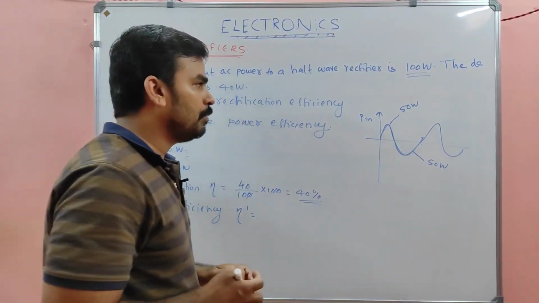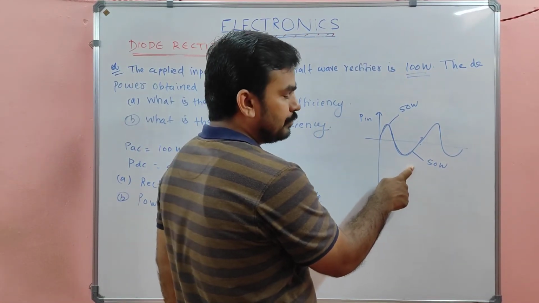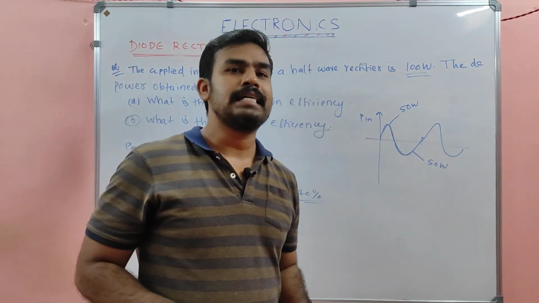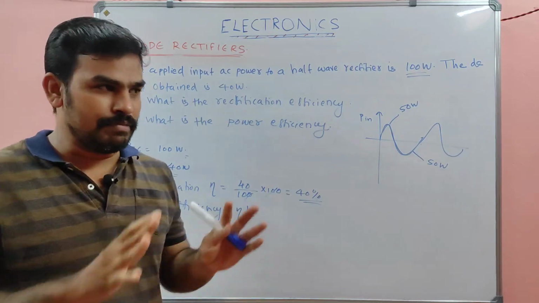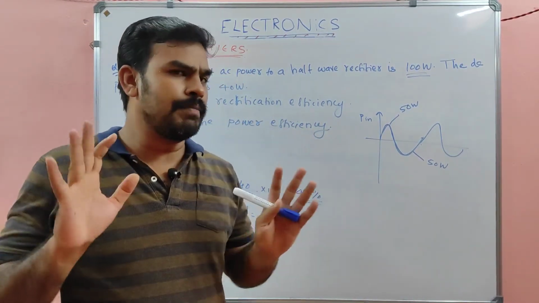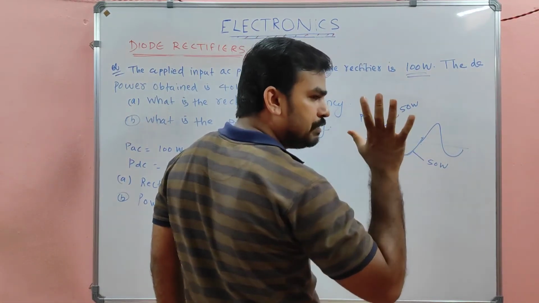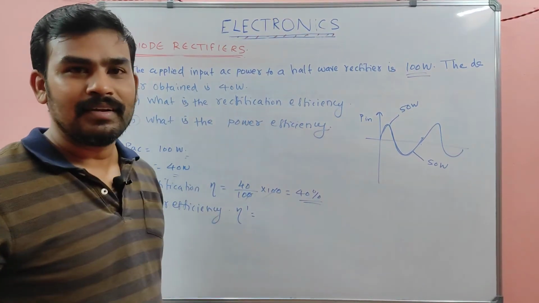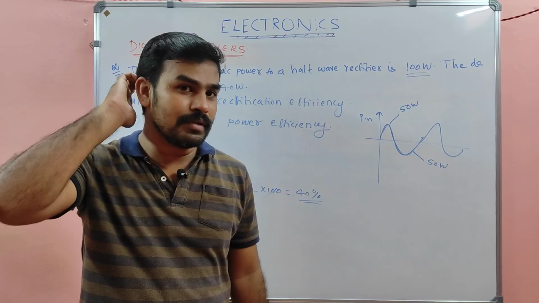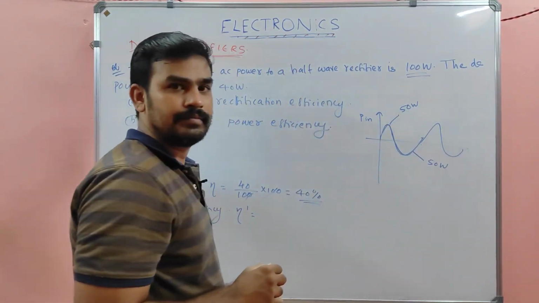Am I right? So from this 50 and 50 configuration, what is the value of power only available to the rectification? For rectification purpose, what power is only available? The power of positive half cycle is only available for the process of rectification, right? In the diode. The diode utilizes only the power of this 50 watt.